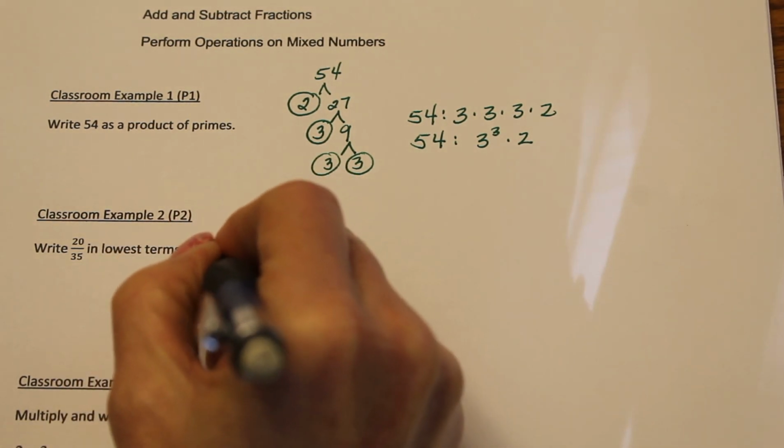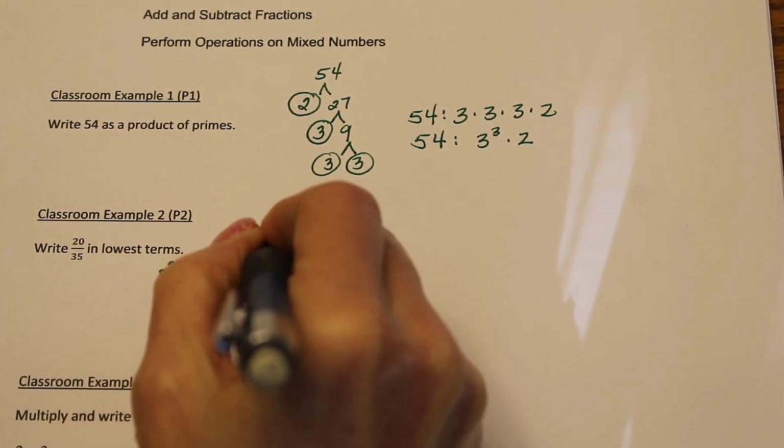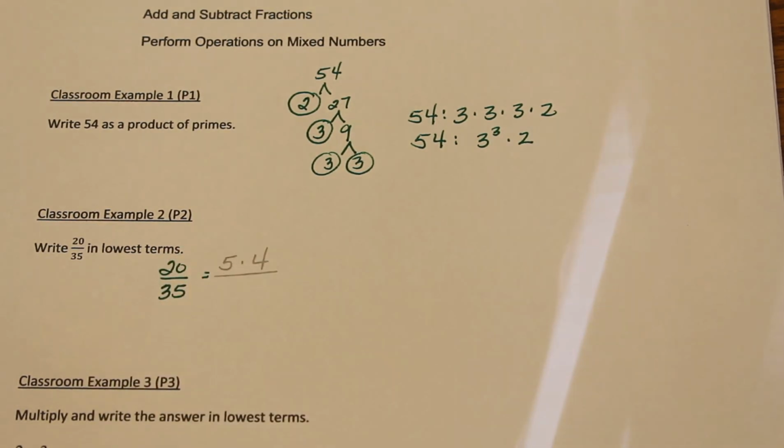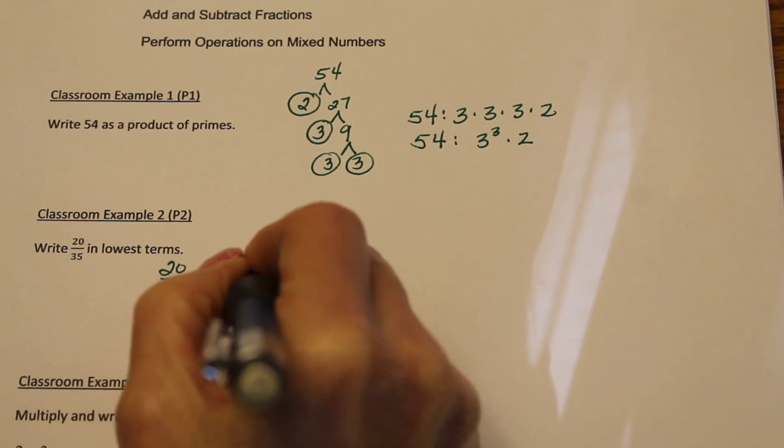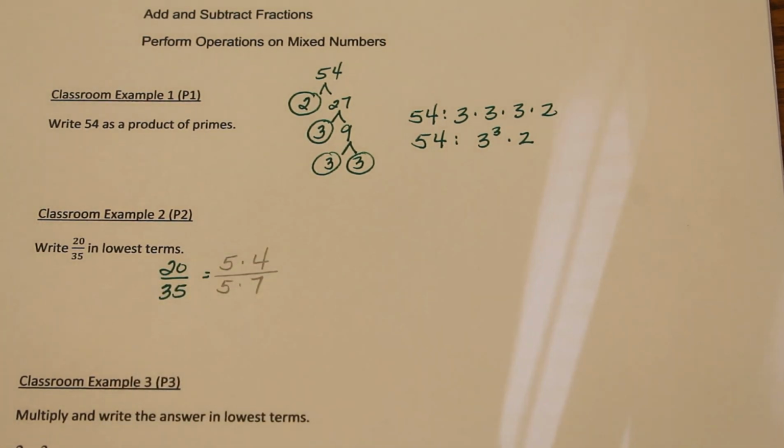I'm going to say that 20 is 5 times 4. And you know what 35 is? 5 times 7. Now this is something that we're actually doing very explicitly at this step, but this is something that you might actually wind up performing mentally.